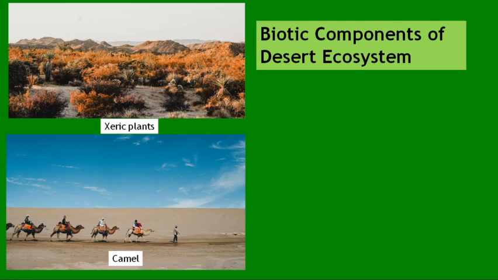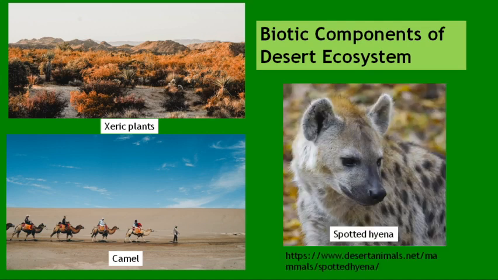Then below you can see the images of camels, which are also part of biotic component of deserts. Then we have spotted hyena, also a consumer in a desert ecosystem. So that was all about desert ecosystems.